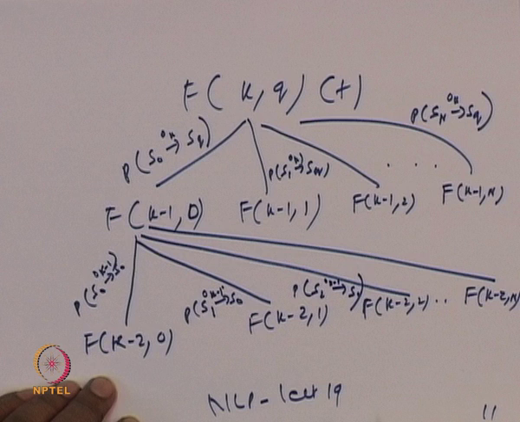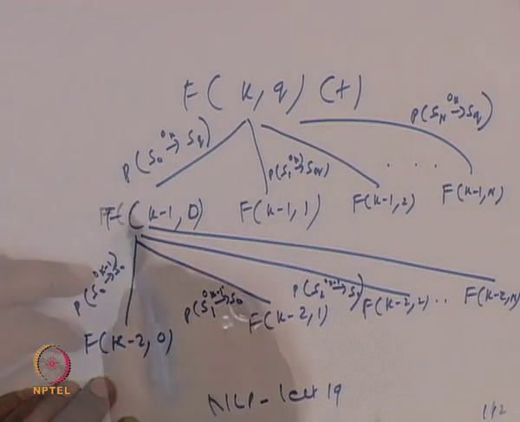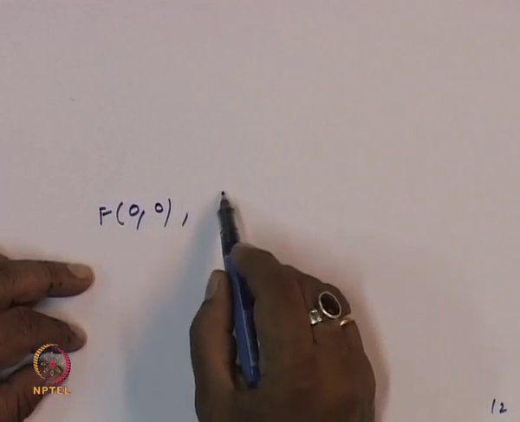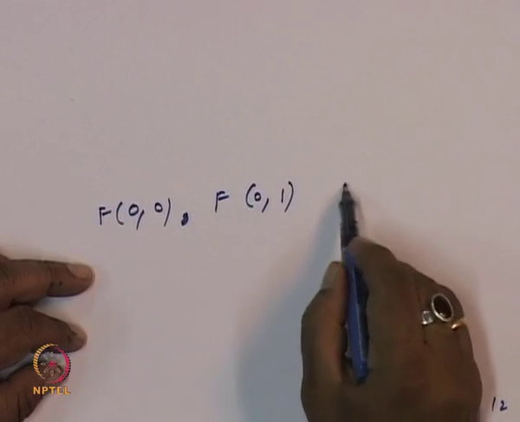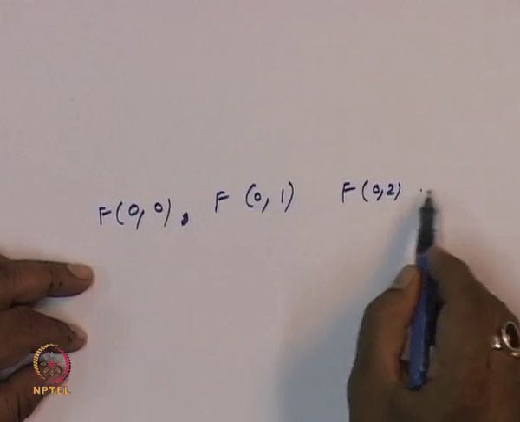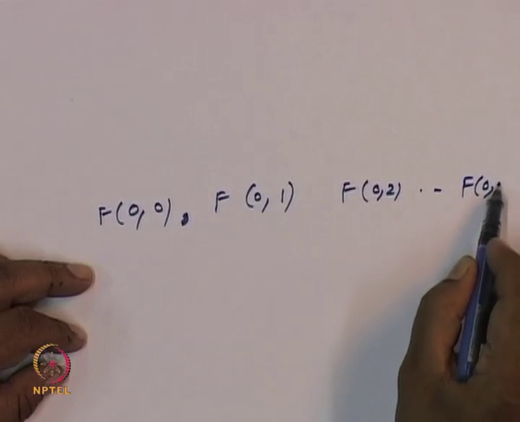So, as we develop this tree, we will finally have a situation where we are computing f 0 0, f 0 1, f 0 2 up to f 0 n.